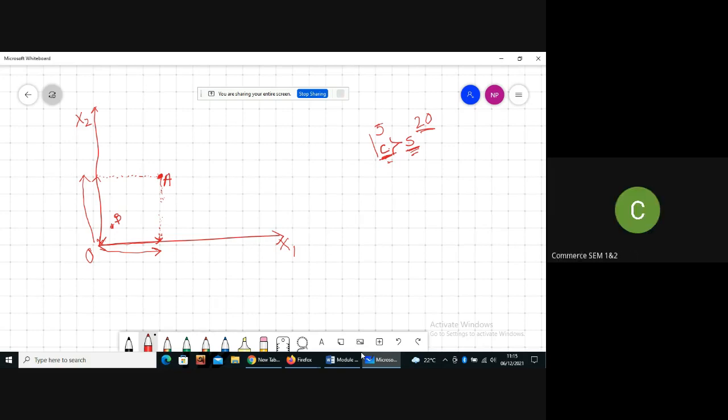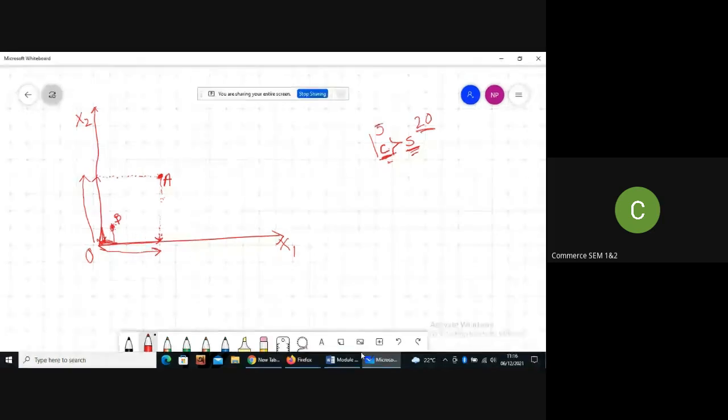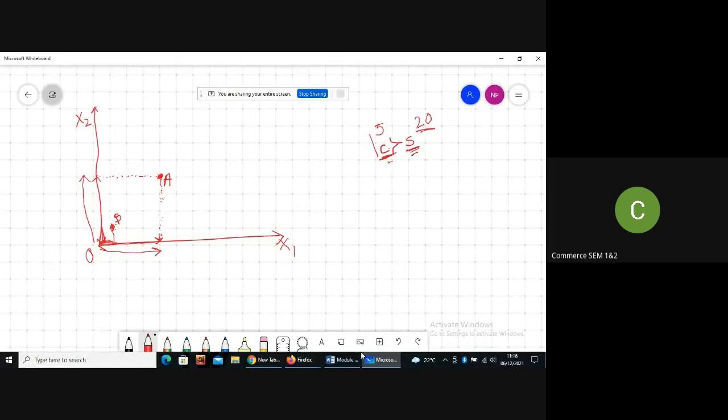Any point on this two-dimensional space represents this much amount of commodity 1 and this much amount of commodity 2. So point A or point B means a commodity bundle.